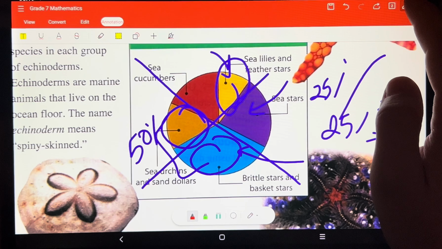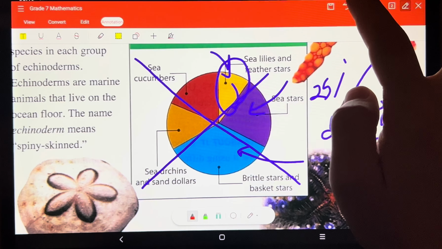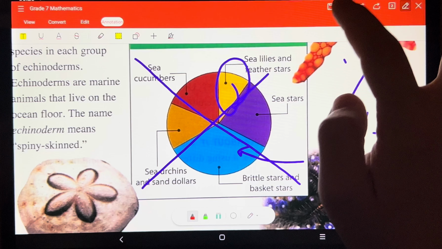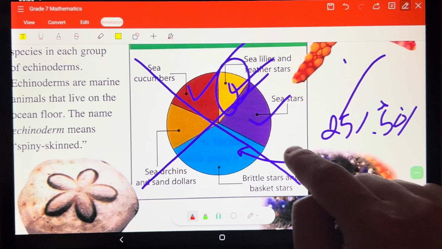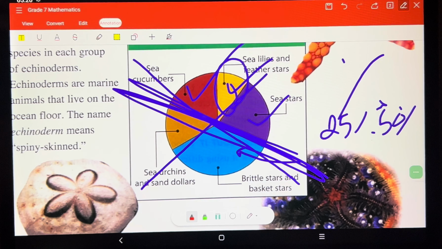And if I choose those 3 colors together, the red, the purple, and the yellow, I will say that's half of the pie, which is 50%.